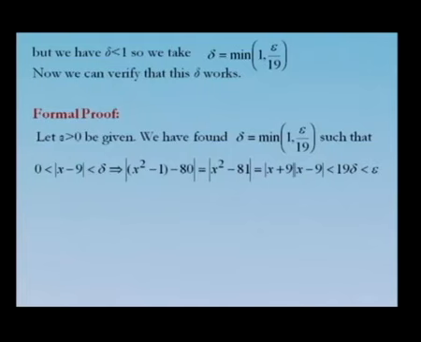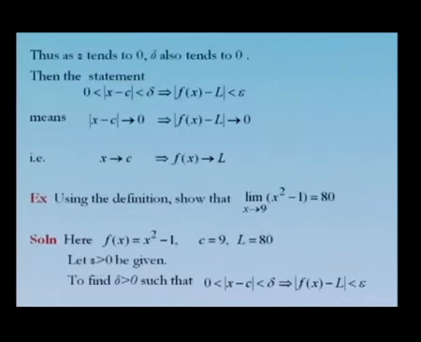So this clearly satisfies the definition. Hence we have proved that limit x tends to 9 of x² − 1 equals 80.